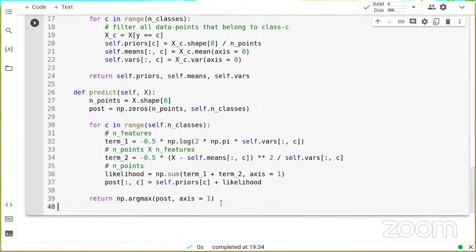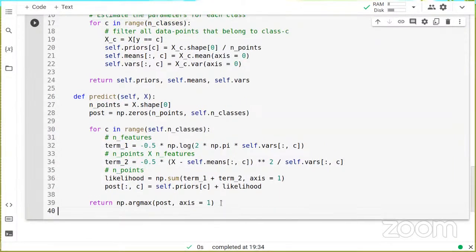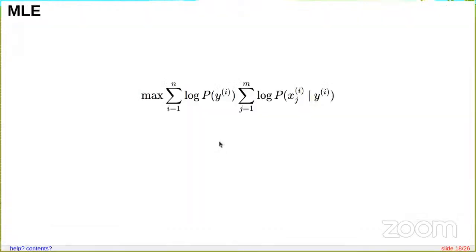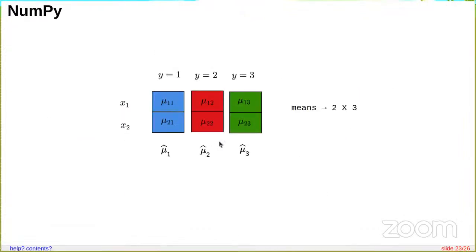I'm still stuck with term 1 and term 2, the shapes of it. Shapes, right? Okay, so see this. Let's go to that image. Term 1 is okay. I think 2 and NumPy will just get broadcast with the variance matrix, and the variance matrix is basically per feature per class, right?